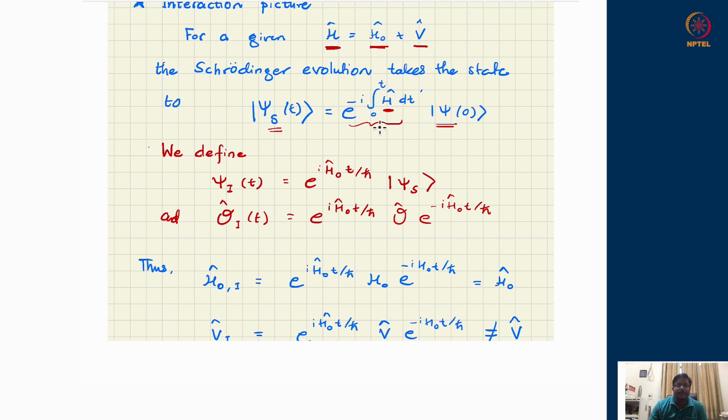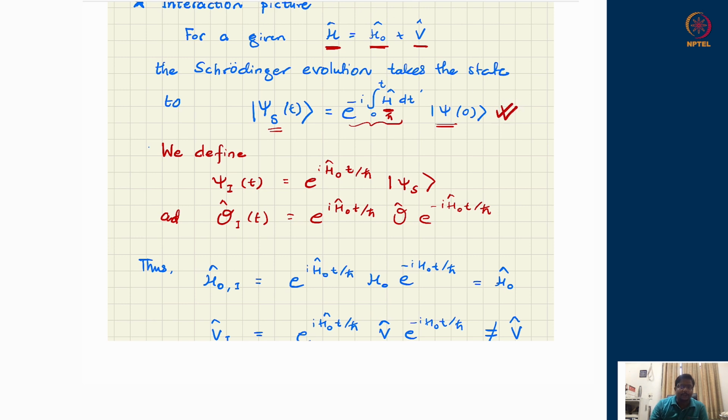You must be more familiar with the time independent version of that, which is just e to the power minus i H t upon h bar. I'm missing an h bar in this, but in the more general case where the Hamiltonian is expected to be time dependent as well, the exponential has an integration of the Hamiltonian. Okay, so this is the standard Schrodinger evolution.